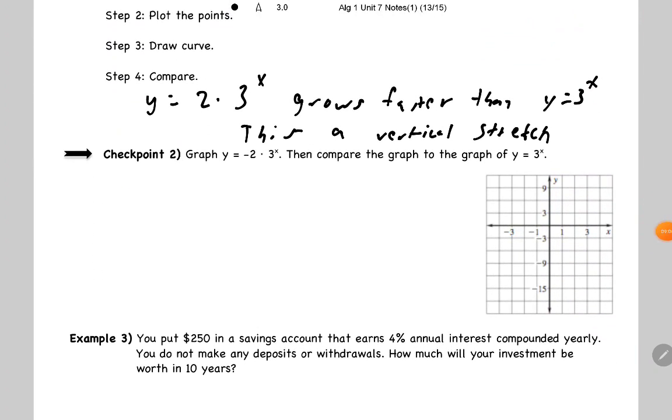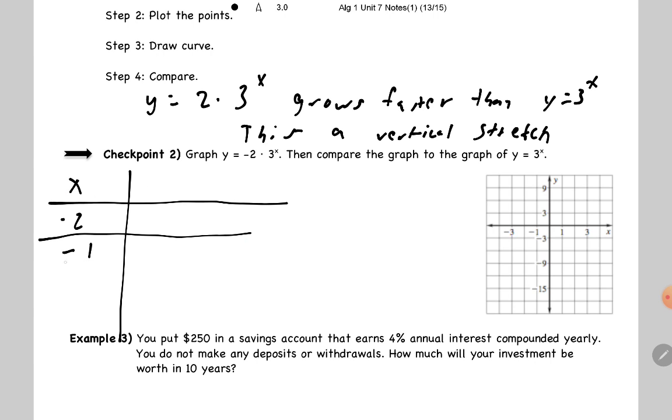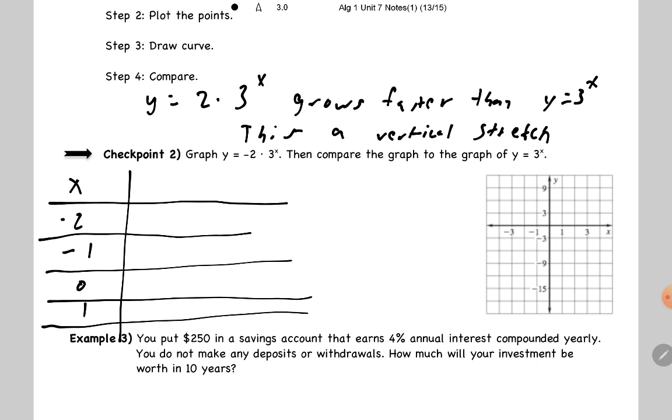All right, let's do another one. So here's x, -2, -1, 0, 1, 2.